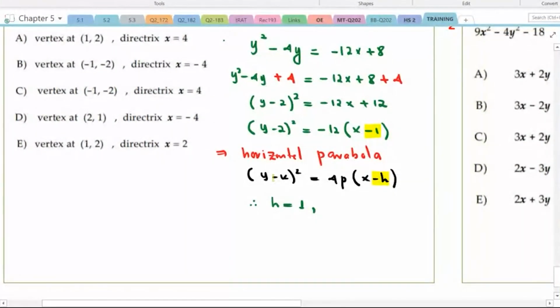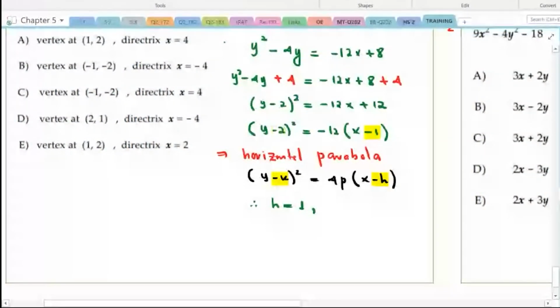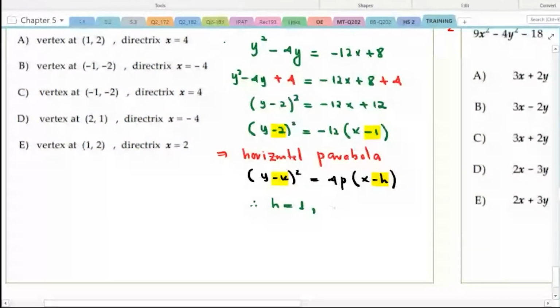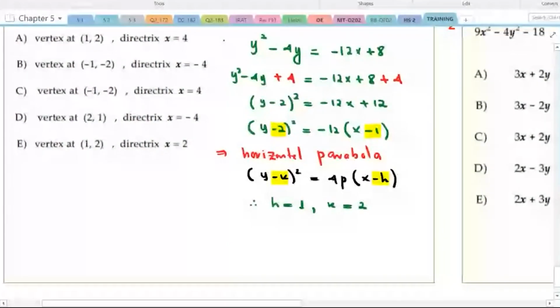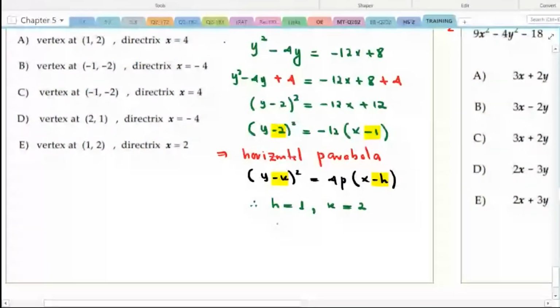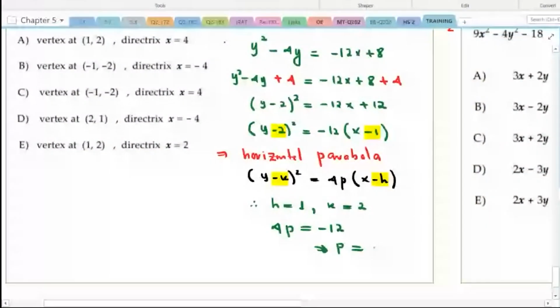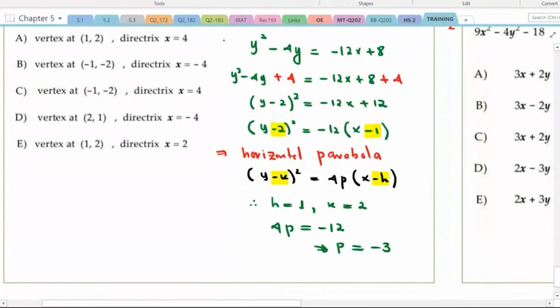Similarly, minus k is equal to minus 2, so minus cancels with minus again, and k shall be equal to 2. Also, we have 4p equal to minus 12, which means p shall be equal to minus 3 when we divide both sides by 4.